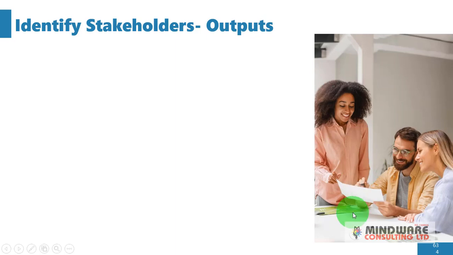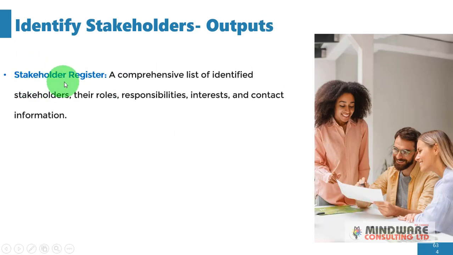All right, so what are the outputs from this process? Now, first is the stakeholder register. So after you've identified them, and then of course you're using those tools and techniques, you now have the outputs, which the major one is the stakeholder register.